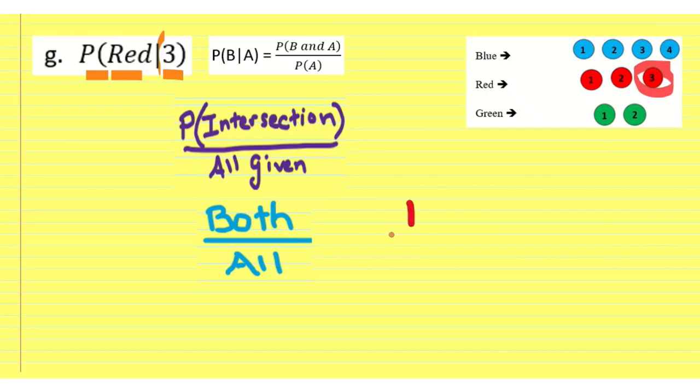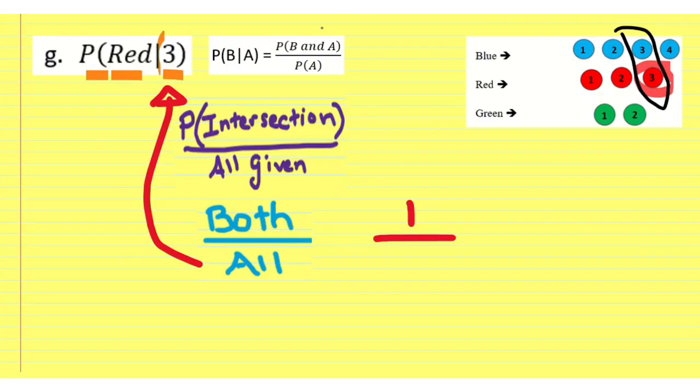One red that's also 3, and then we want to do all of the given. Well, it means all of the 3s. So how many 3s do I have? Let's see, I have 1, 2, 3s. So that means that my probability that we're going to draw a red marble, given that it already has a 3 in it, is a 1 out of 2 probability.